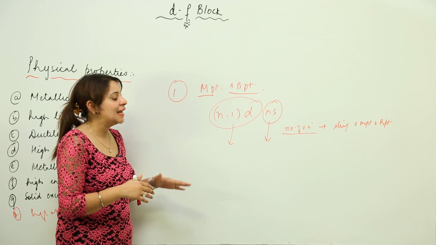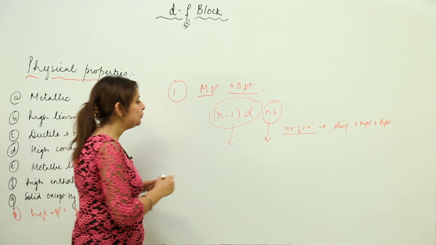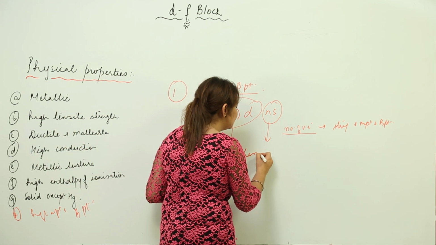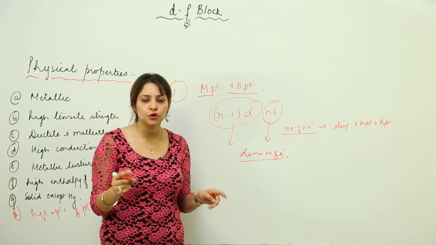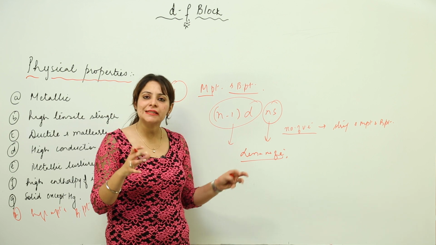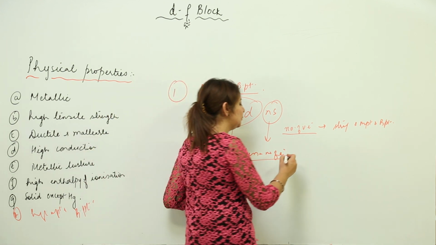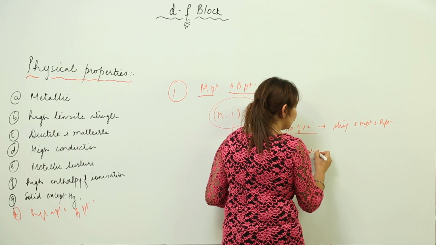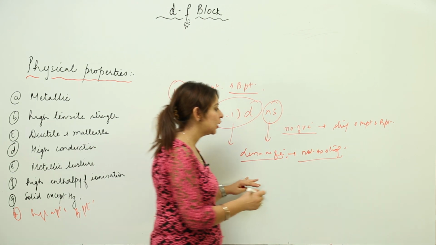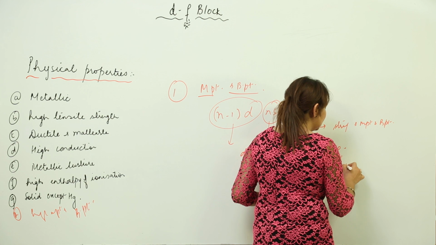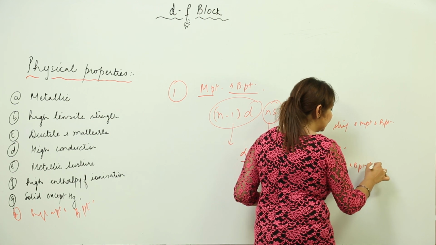So as they get filled, a lesser number of electrons are participating in the interatomic bond formation. When there is a lesser number of electrons participating, the bond will not be so strong. And when the bond is not so strong, the melting and boiling point will decrease.